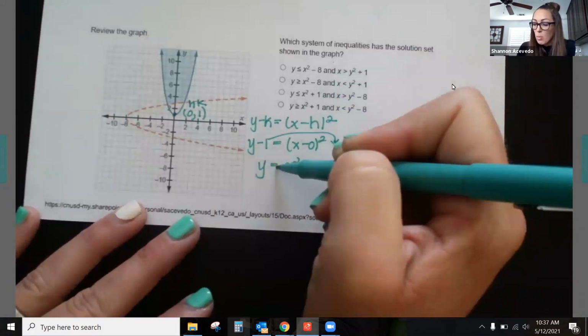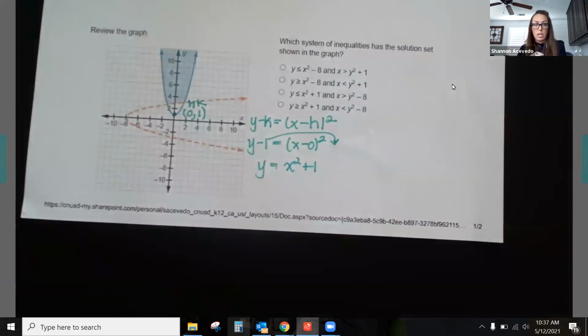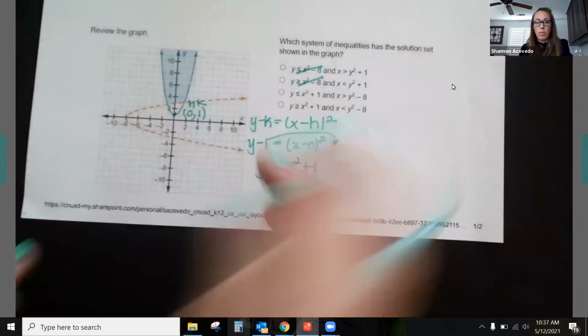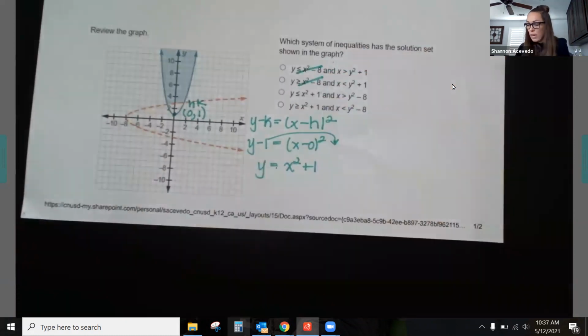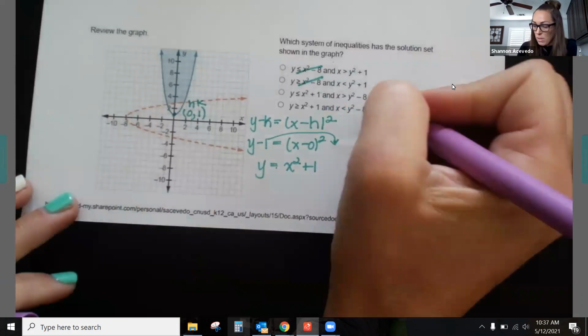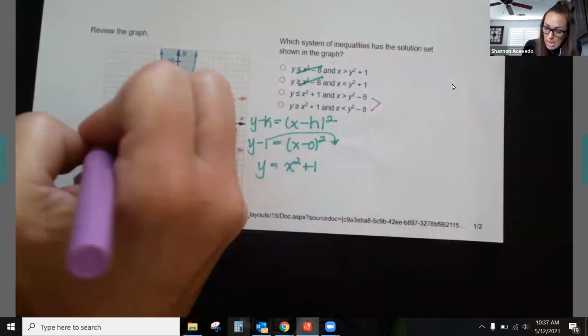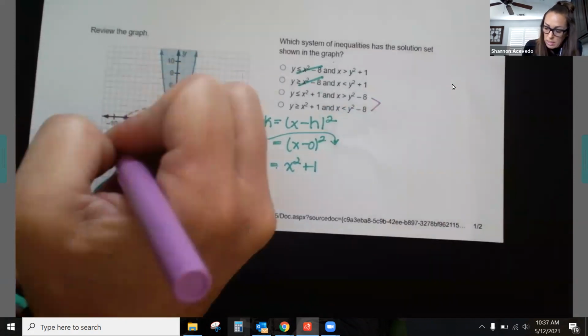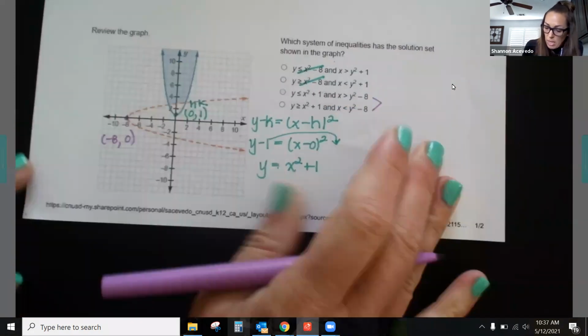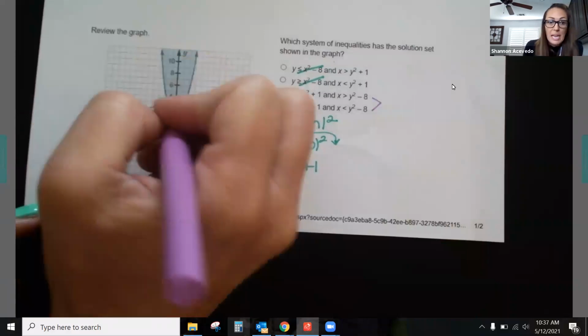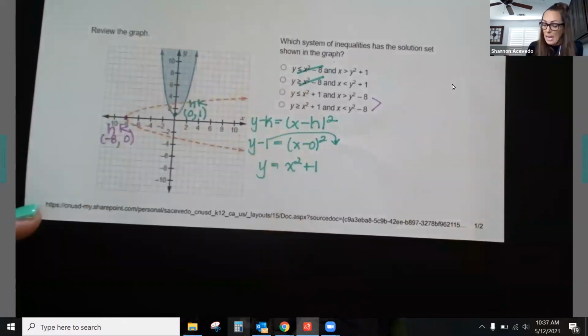Now I know this is equal to, so that's just because I don't know, is it going to be greater than or less than? So I'm just doing a general form right now. So I know it's not going to be either one of those graphs. This graph right here, I know it has to be one of these two, and I could quickly check it. Here's my vertex. My vertex is at -8, 0. And so here's my h and my k. For this, because it's opening to the right, it would be an x equals equation.